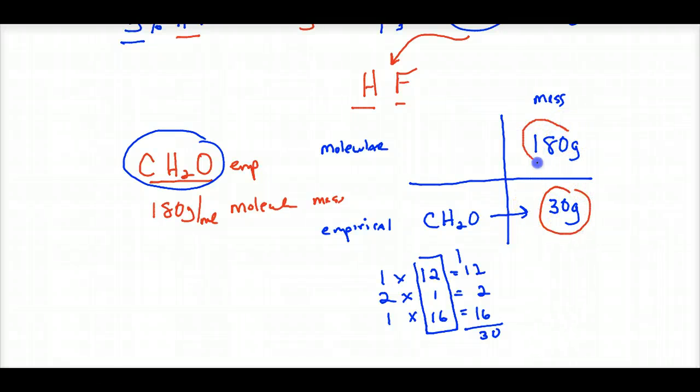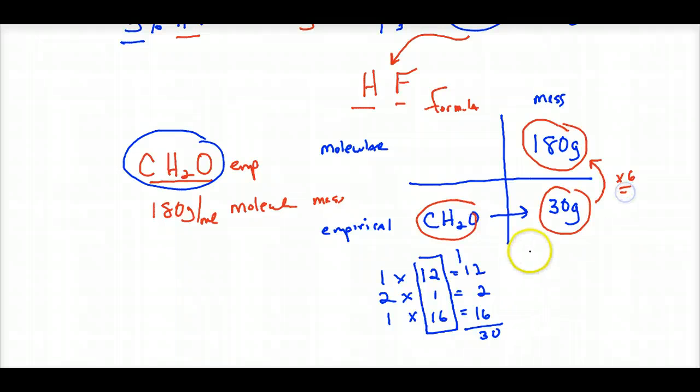The actual whole number ratio of that is 180, the molecular mass, or the molecular formula. This is the formula side I should have put. All right, well, 180 divided by 30 is 6, which means we times everything by 6.